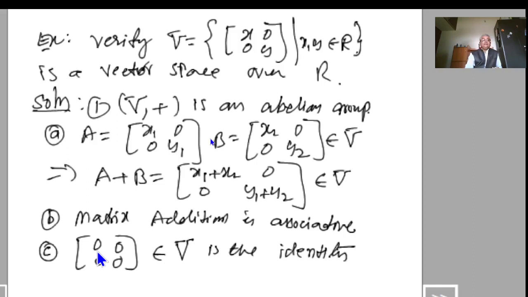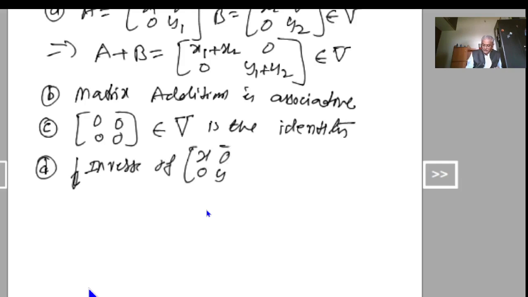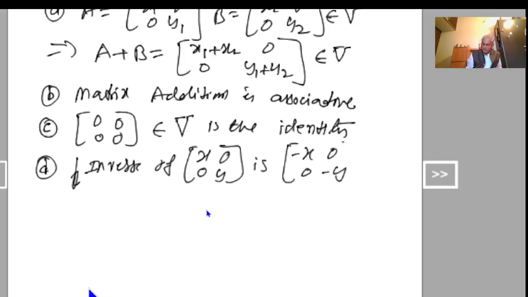And the inverse of [x 0; 0 y] is [-x 0; 0 -y].